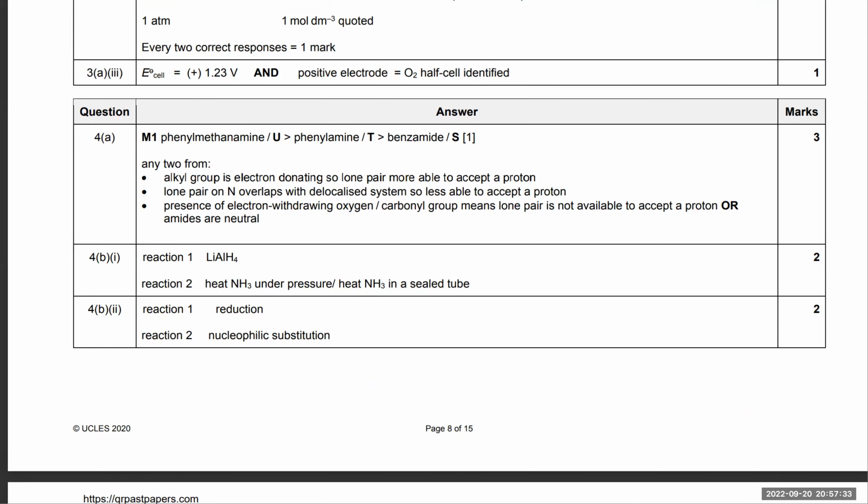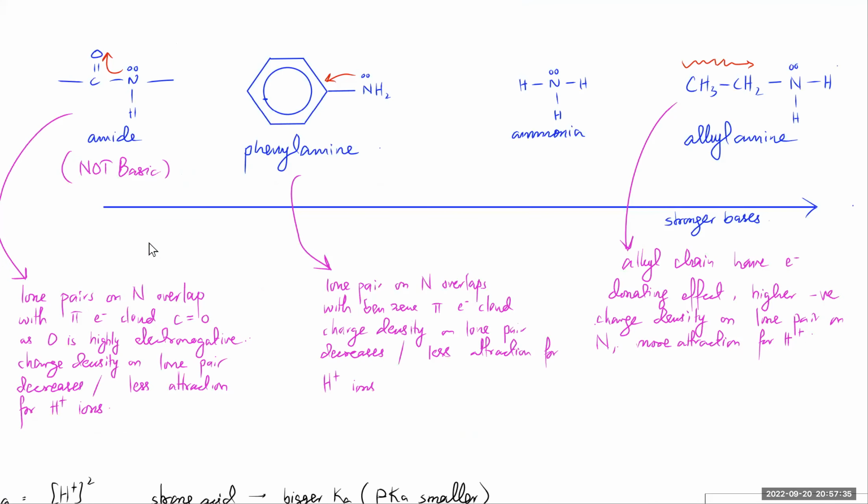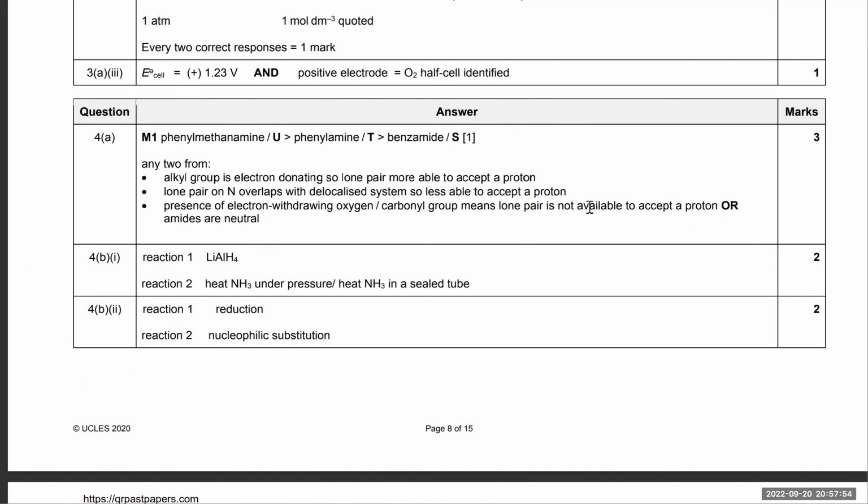So the third one, just like this. As O is highly electronegative, it overlaps with the carbonyl group, which is C double bond O, and decreases, and there's less attraction for H+. The only thing I think over here in the marking scheme is that in the last one, they're saying that it's not available to accept a proton.